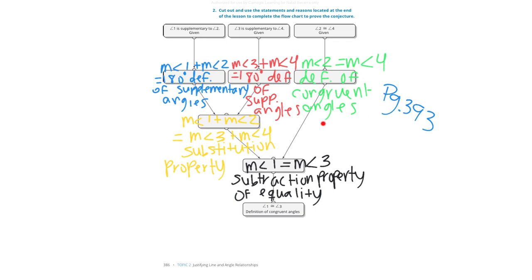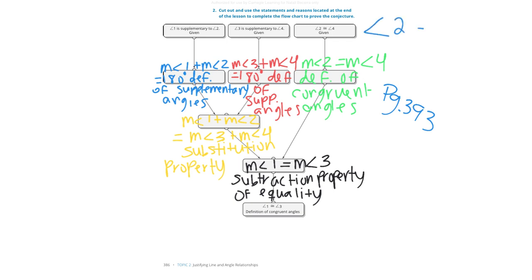Angle 2 is congruent to angle 4. That's what's given to us. And from that, we know that the measurement of angle 2 is equal to the measurement of angle 4 by the definition of congruent angles. So if two angles are congruent, then the measurements must be equal to each other. Let me elaborate a little bit on that.